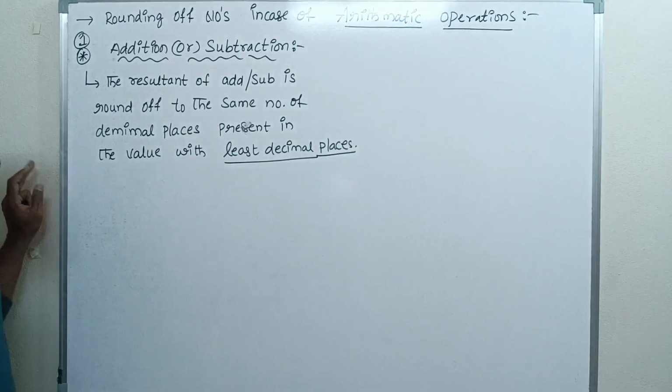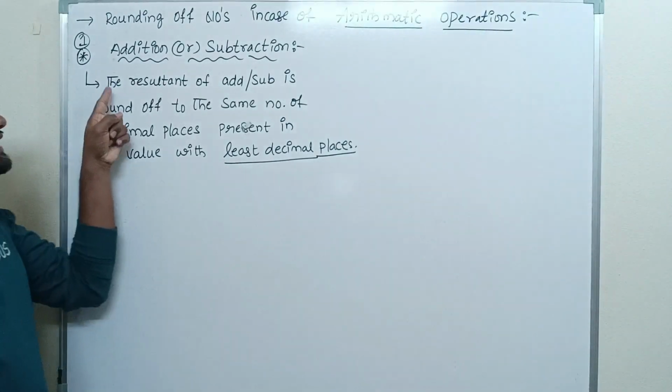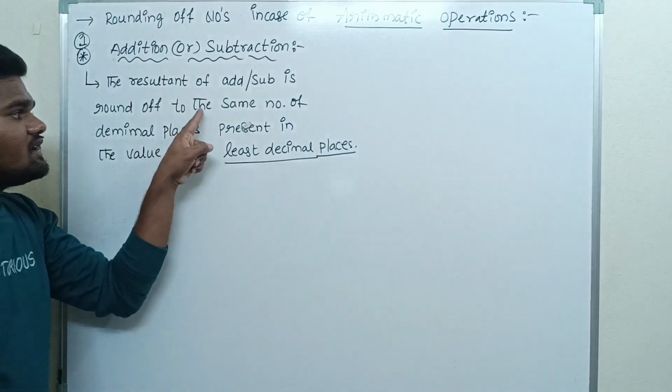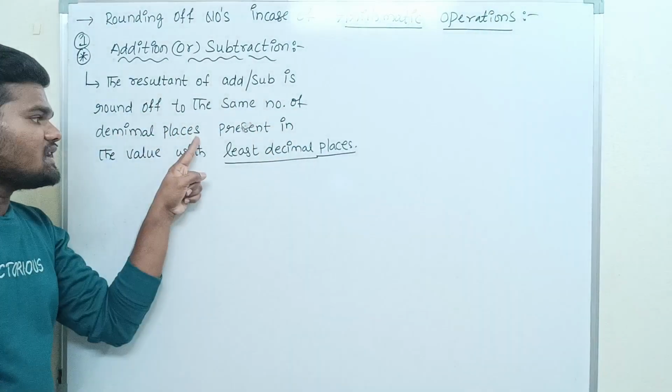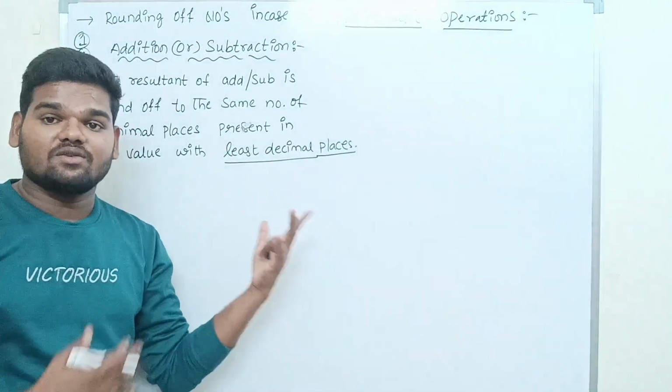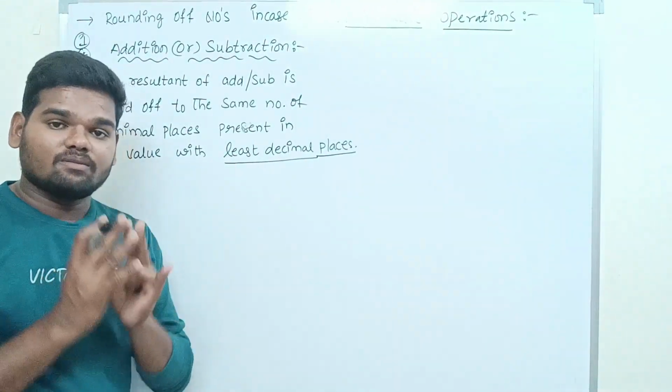So how do we round off in case of addition and subtraction? The resultant of addition or subtraction is rounded up to the same number of decimal places present in the value with the least decimal places. I don't know whether you understand this definition or not.